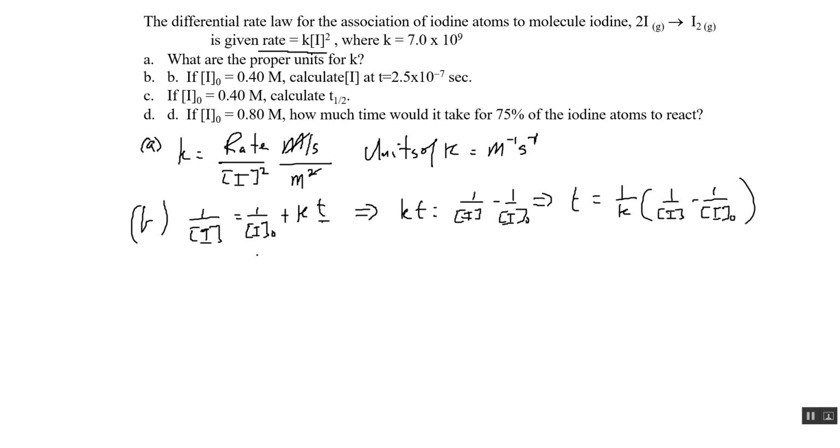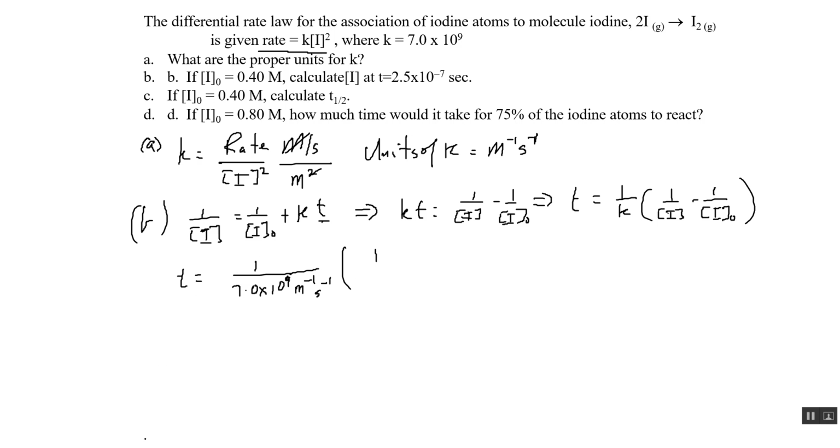So T would be equal to, we have to plug some numbers in, 1 over K. The K is 7.0 times 10 to the 9, and the units would be M to the minus 1, S to the minus 1, times 1 over, okay, I just realized I made a mistake.